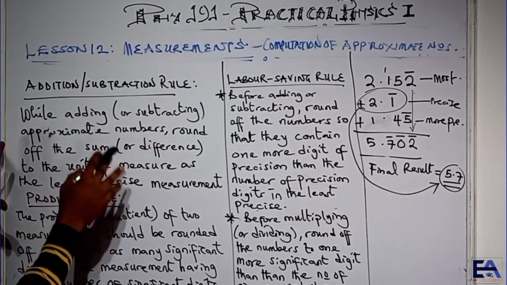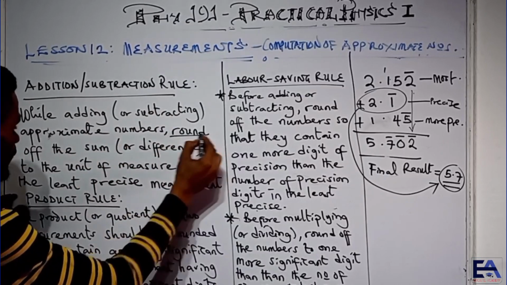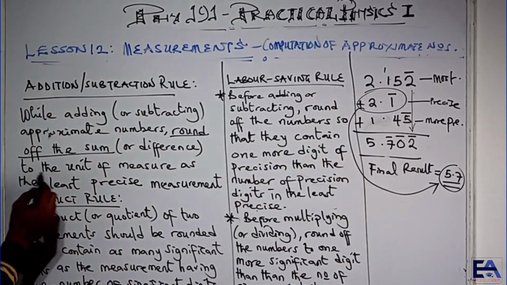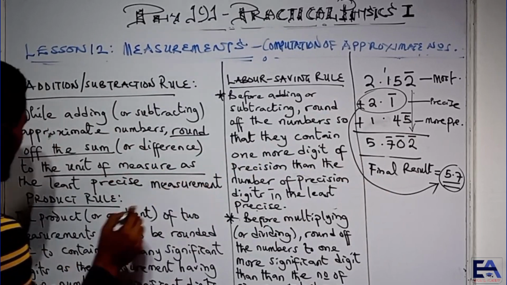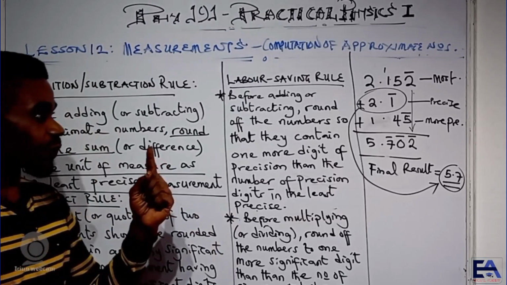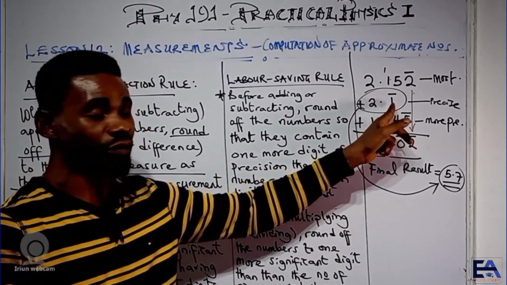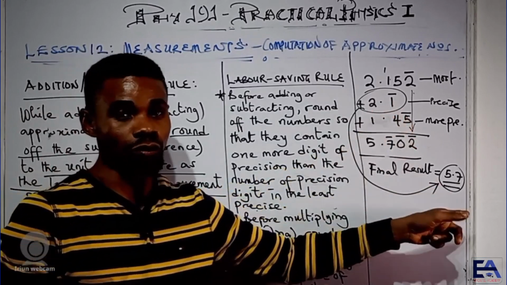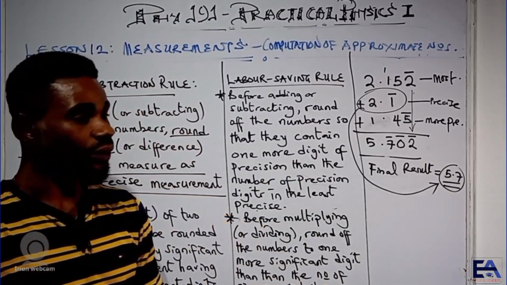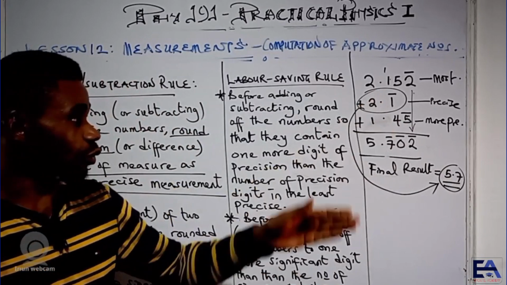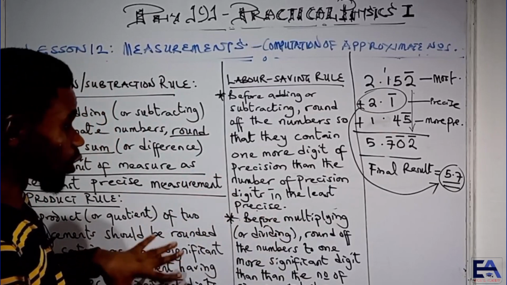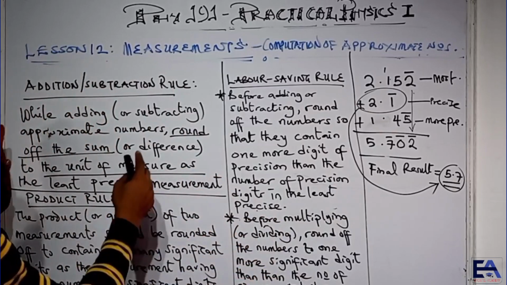So it's just trying to tell you that you should round off the sum, that is the total, to the units of measure of the least precise measurement. The least precise measurement has a unit of measure of 0.1. So our final answer too must have a unit of measure of what? 0.1. Do you get it now? The least precise measurement here has 2 significant digits. Our final answer, okay, that one works for multiplication because they look alike, but they are different.